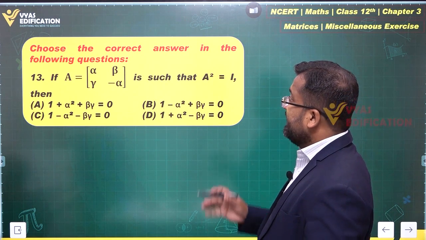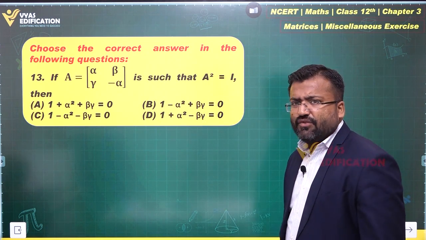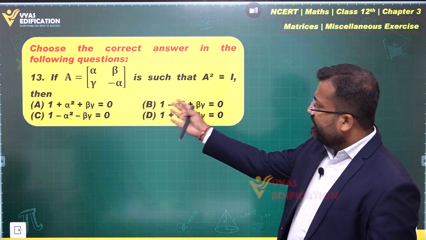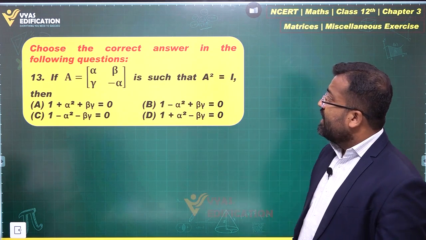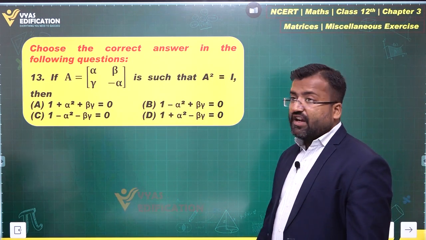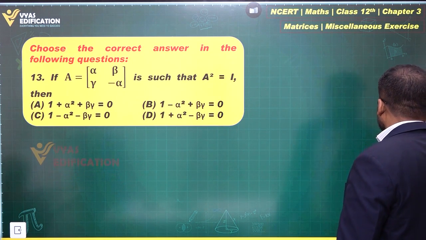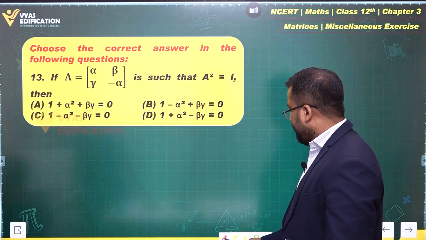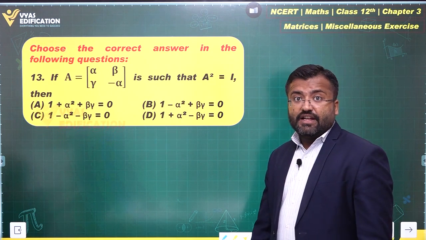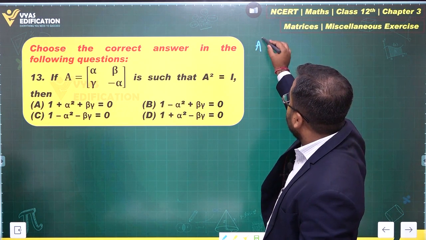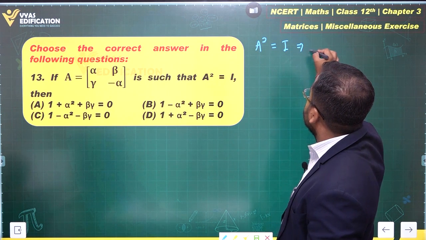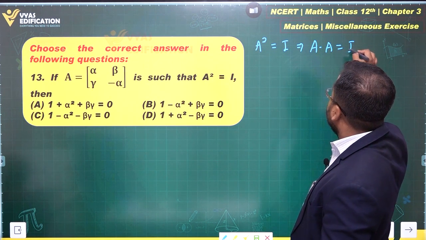What do we have? We have to choose the correct answer in the following questions, and we have 4 options. Based on this question, if A is the matrix [alpha, beta; gamma, minus alpha], and A square is equal to the identity matrix, then which of these is correct, right? Let's solve. A square is equal to I is given, which implies A times A will be equal to the identity matrix.